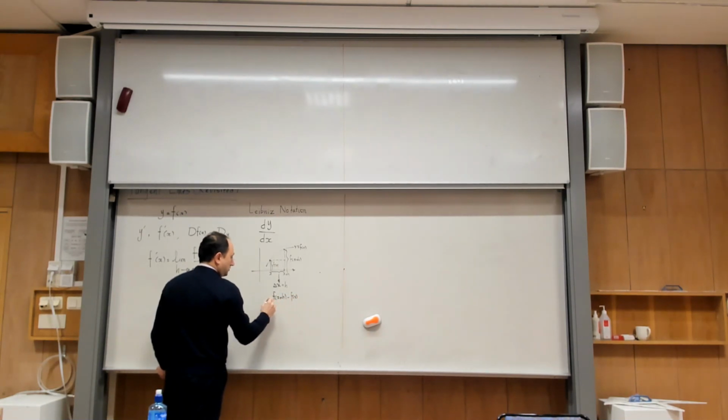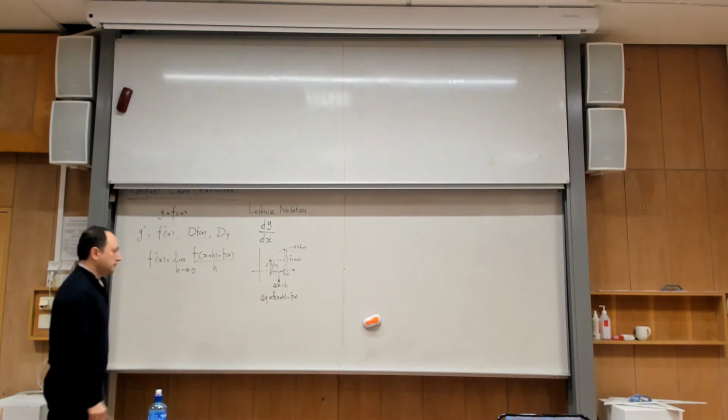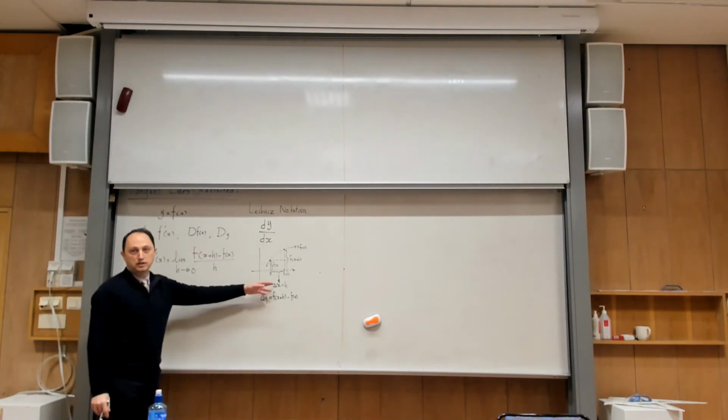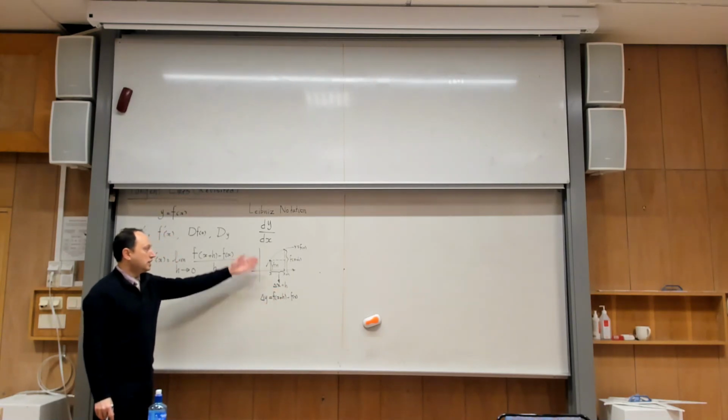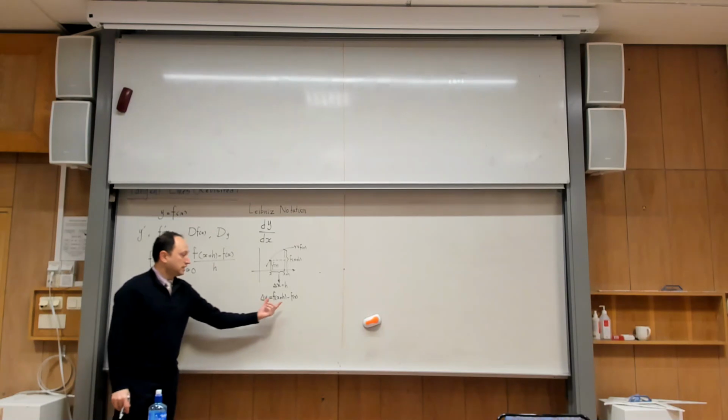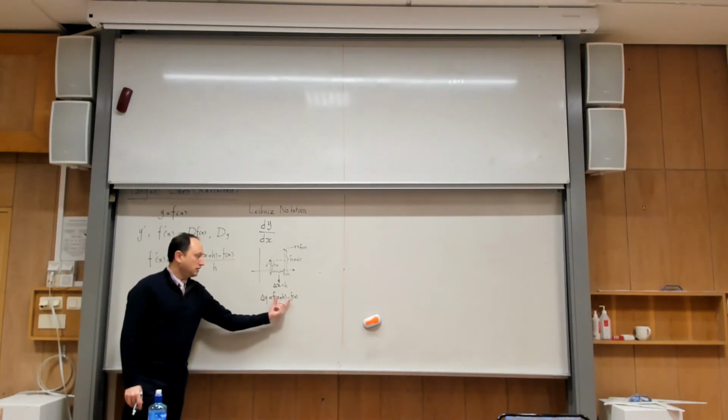So the change in y, I write it by delta y. So if I ask you what is the change in x, you tell me h. If I ask you what is the change in the y value, you will tell me this. In general, if I ask you what is the change of x, I mean delta x. If I ask you what is the change in y, I mean delta y.